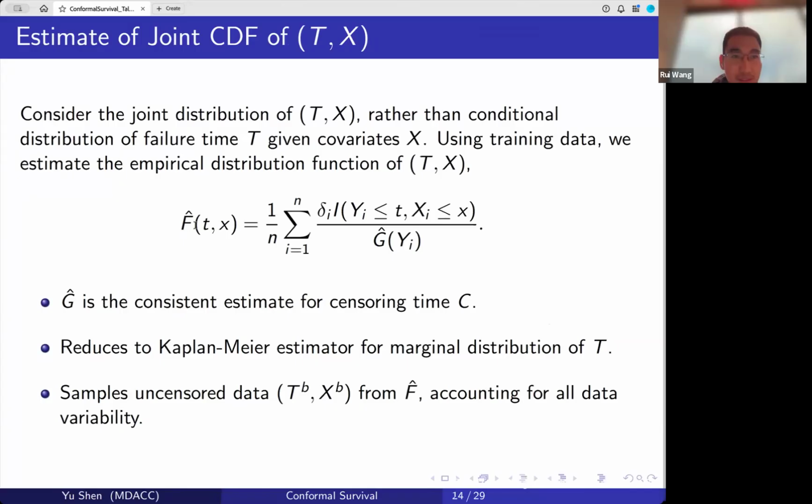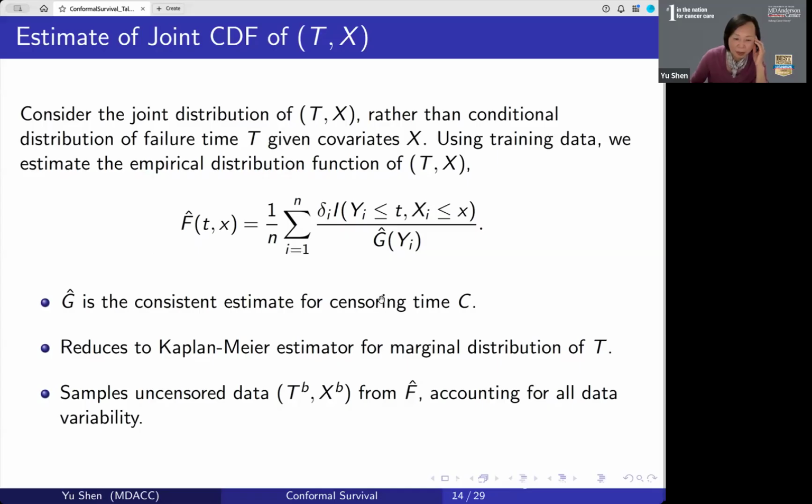I see. The reason you don't want to specify a model for the outcome is because you want to do model-free inference. But here you still need to specify a model for the censoring, right? Yes, that's a limitation. We're working on a potential doubly robust method.